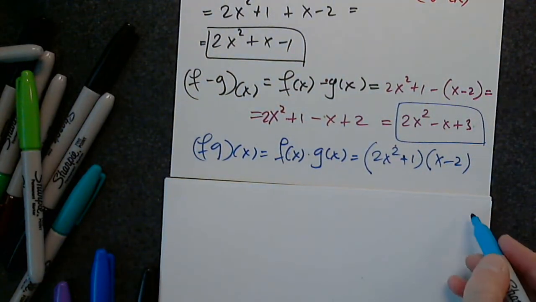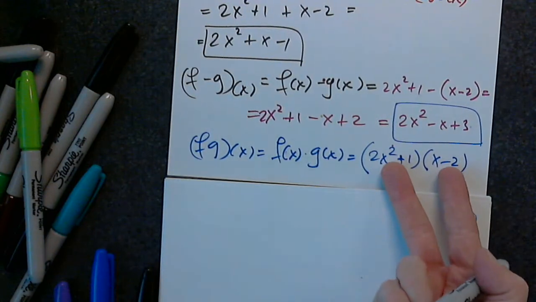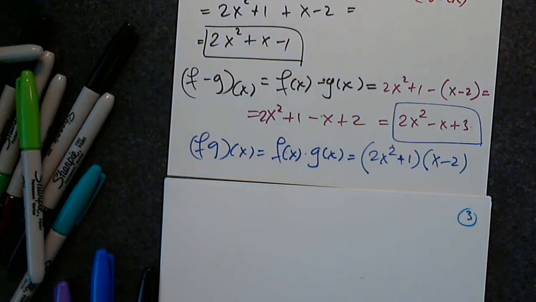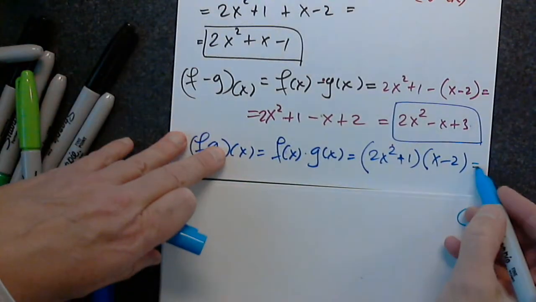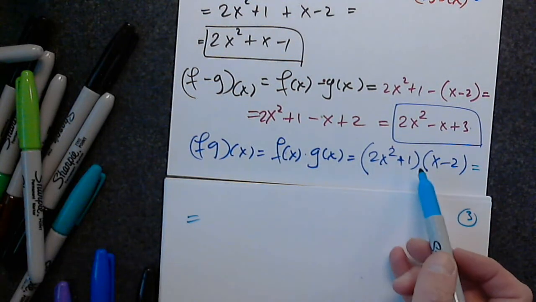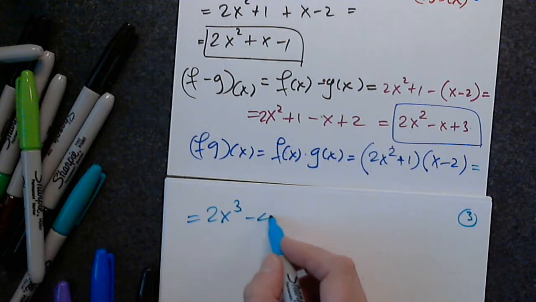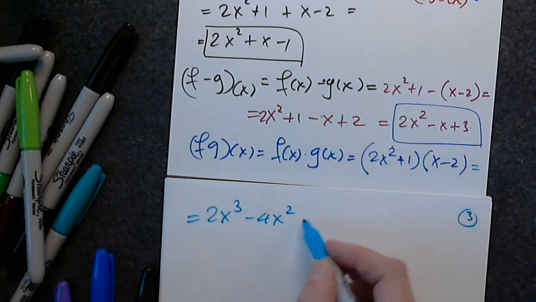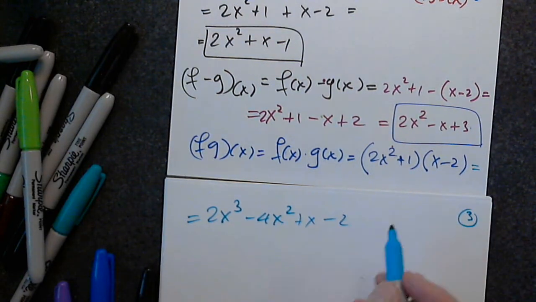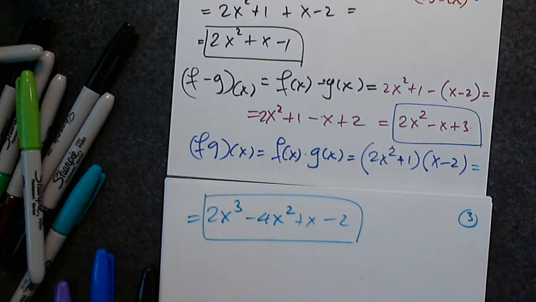How do we call them? What type of polynomials are we multiplying? Binomial. Two binomials, excellent. So we can use FOIL. 2x squared times x, 2x cubed, 2x squared times negative 2, negative 4x squared, 1 times x, and 1 times negative 2. And this is the product of the two given functions, a totally new function determined with the product.